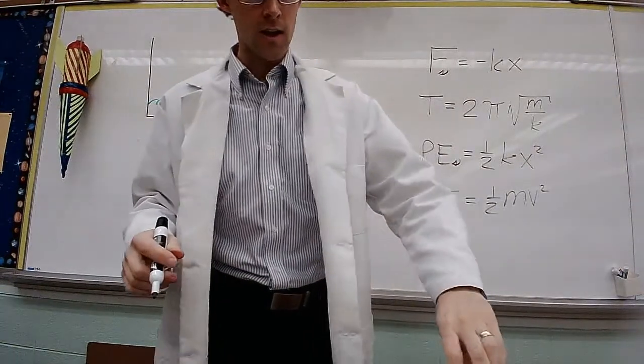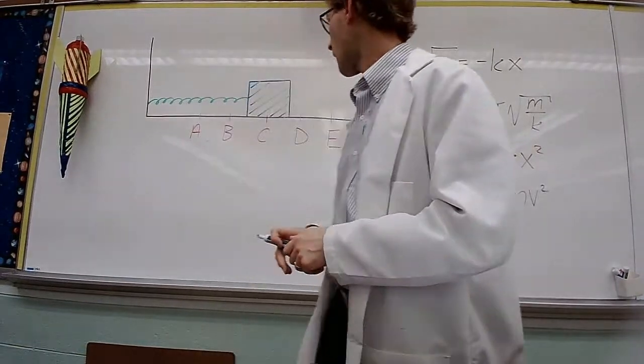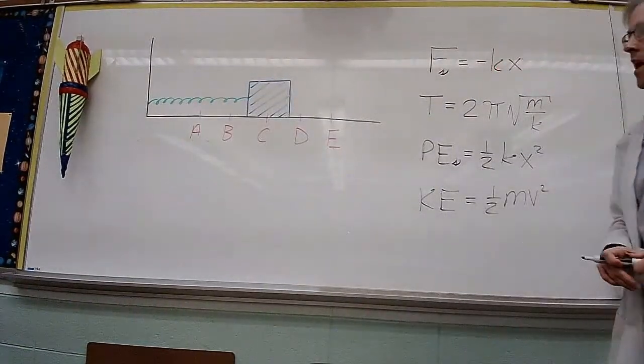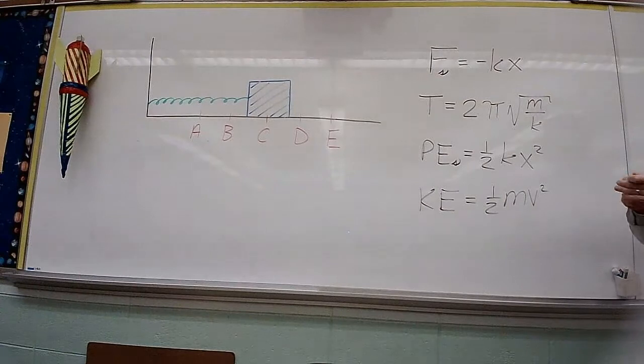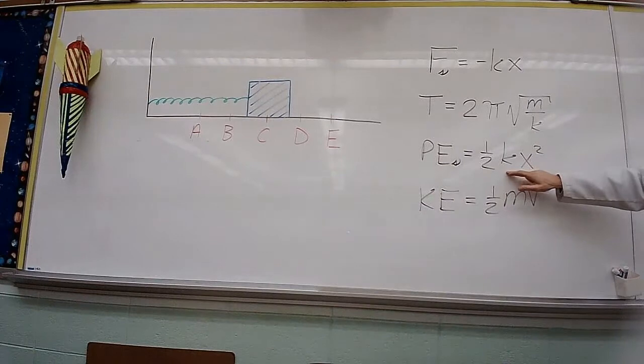So let's take a quick look at what's going to be going on for our oscillating mass to the left there. So what we're going to do is we're going to actually put numbers to these values, more specifically the spring potential energy.